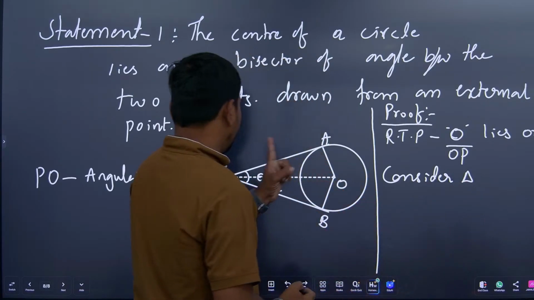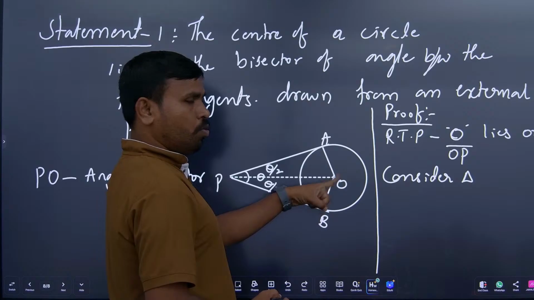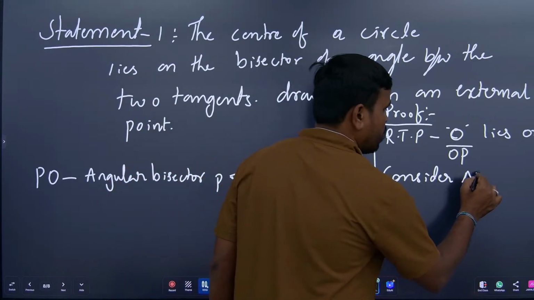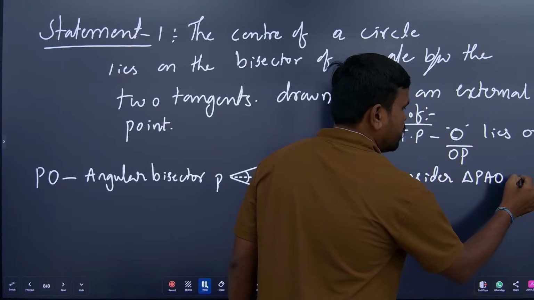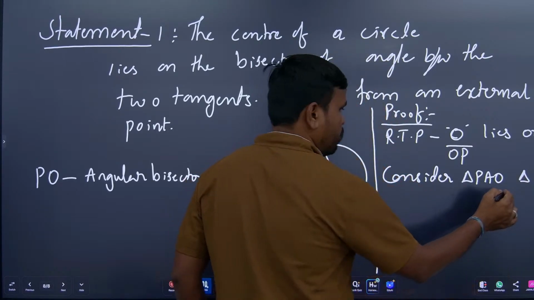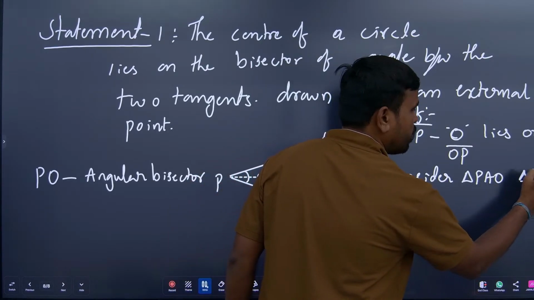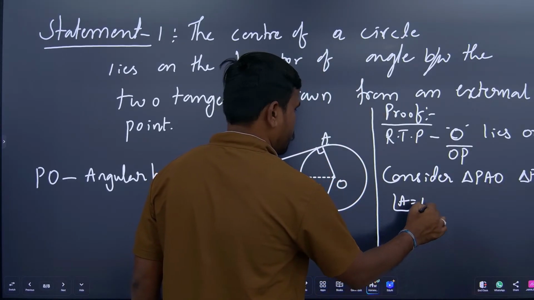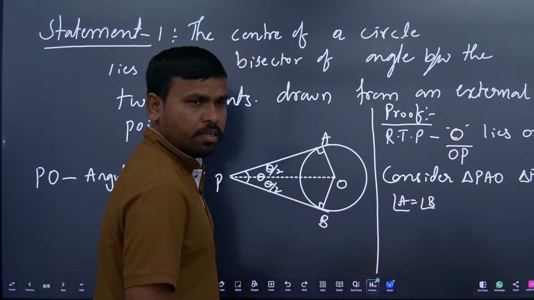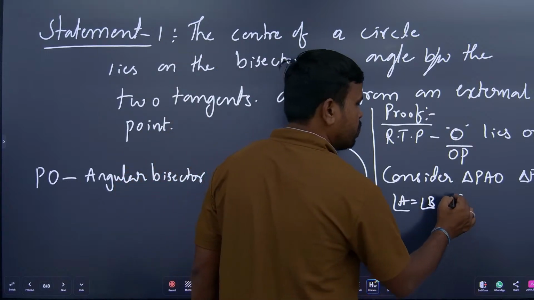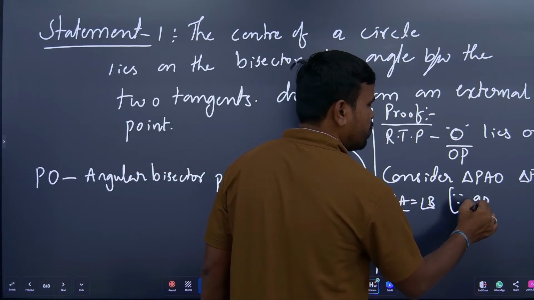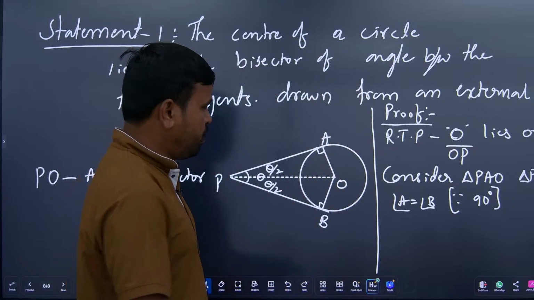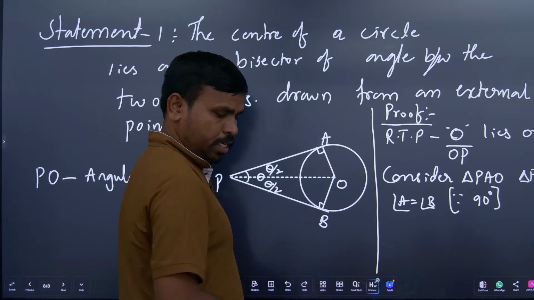triangle PAO and triangle PBO. Angle A is equal to angle B. Yes. Why? Since 90 degrees, since right angle between radius and tangent.